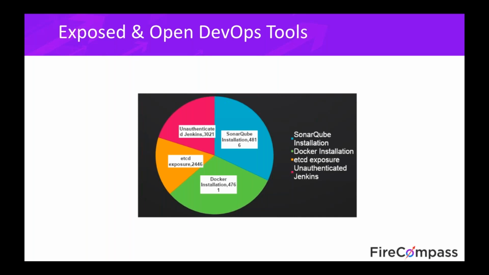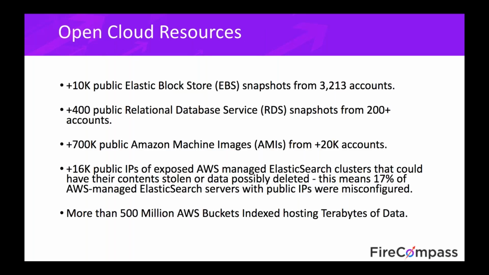Jenkins come next. This humongous number of open cloud buckets, more than 10,000 public Elastic Block stores, then 400 plus public RDS. Now, these numbers are actually far more. So this is like part of a snapshot, part of a sample which we analyzed around a few months back.